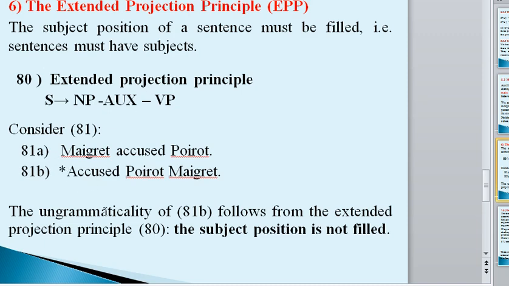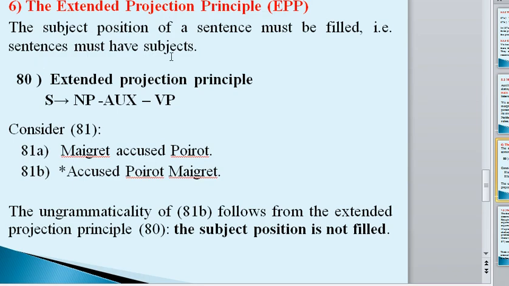So the ungrammaticality of this sentence follows from the Extended Projection Principle, EPP. The subject position here is not filled, so this is ungrammatical. This is one of those main principles. You should know this principle.